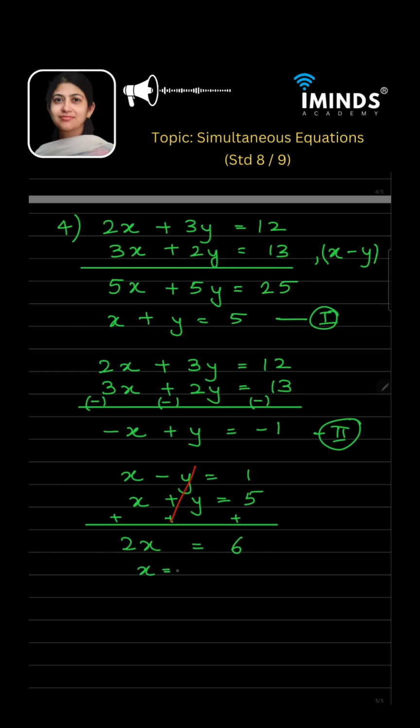So my x is equal to 3 and y will be, अब मैं I will replace in this equation, अगर suppose ये मैं 1 में डाल देती हूँ तो क्या होगा, my y is equal to 2. So my solution set is 3 and 2.